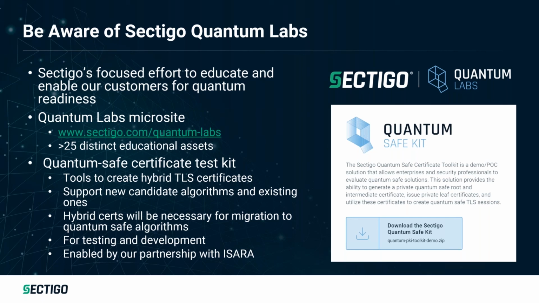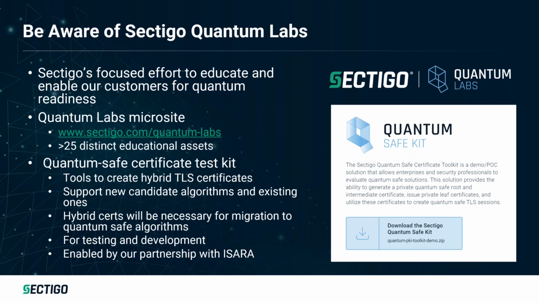And then the other thing that's really important is that you can get our quantum state certificate test kit. You can download that. It's free to anybody. And you can actually use that to issue hybrid certs that will include an RSA or ECC algorithm, but also one of the candidate algorithms for your own private roots. You can't use it for a public root because those certs aren't available yet, not approved, but you can do those off your own private roots if you want.